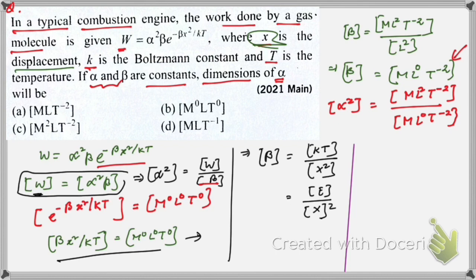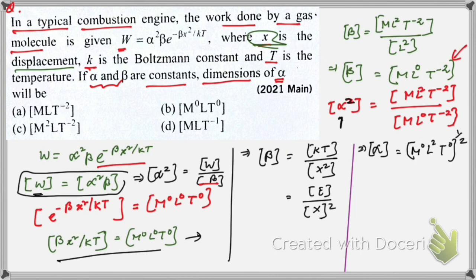The dimensional formula of alpha, this is alpha square, so if you simplify this part, M gets cancelled, so M to the power 0, L to the power 2, T to the power 0, and the whole to the power half, because we had alpha square, so for the dimensional formula of alpha the power should be half.